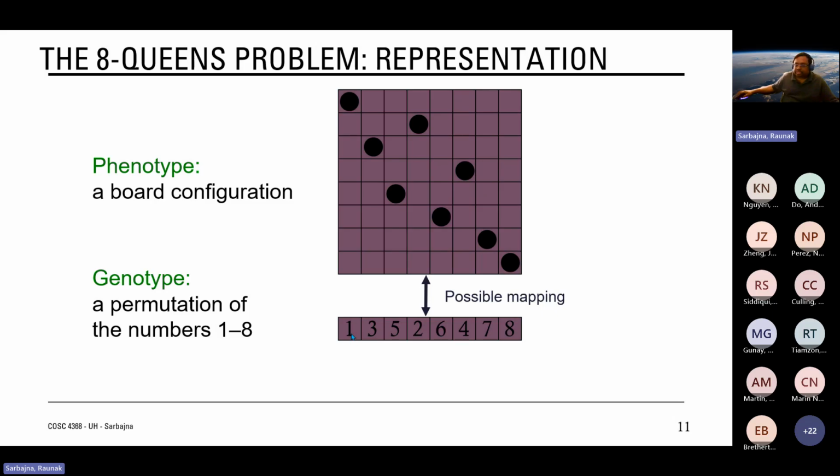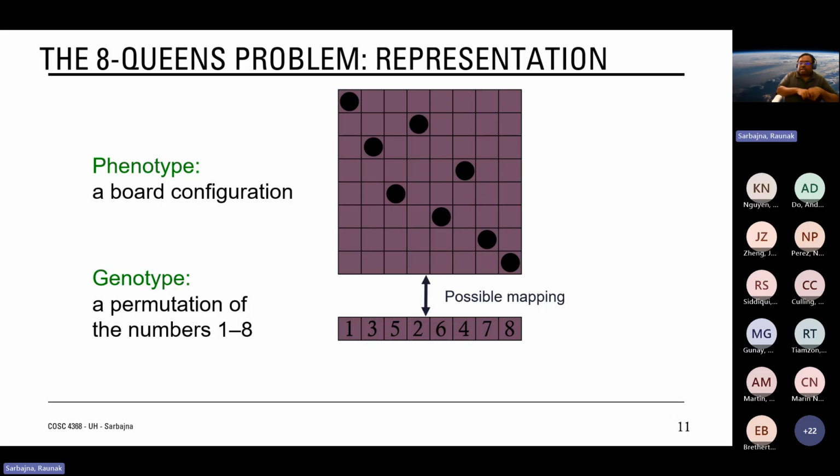If you store it like this, as I show here, then the position of each value tells you which column it is. If you're in position one, you're in column one. And if the value stored is one, then you're in row one, row three, row five, row two. Yes, you're using the index as the x coordinate.